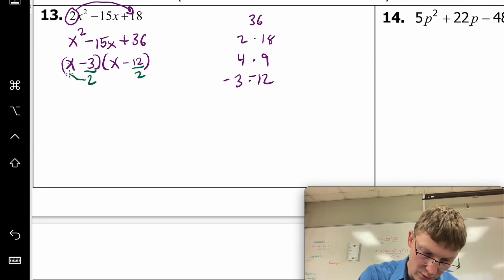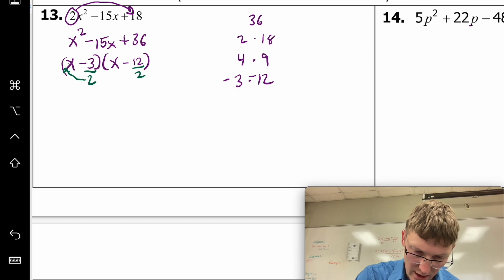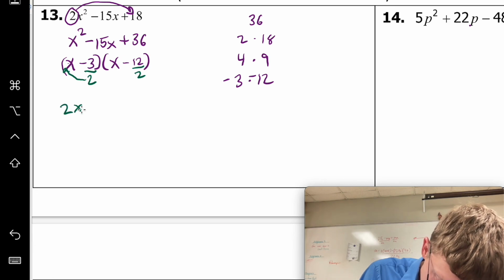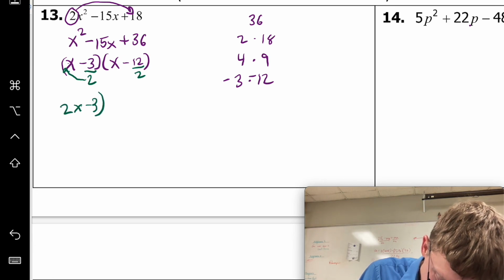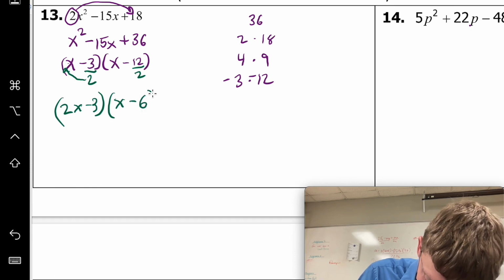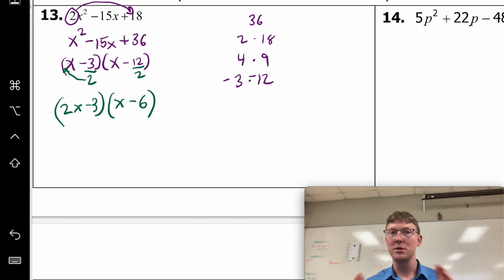So this 2 is going to go right there, and this is going to simplify. So what we're going to have left over is 2x minus 3, x minus 6. And there you go. It's a surefire technique as opposed to guess and check, which I had to do. So let's try another one.